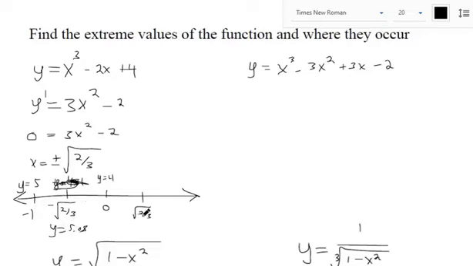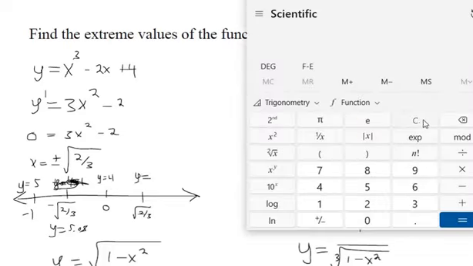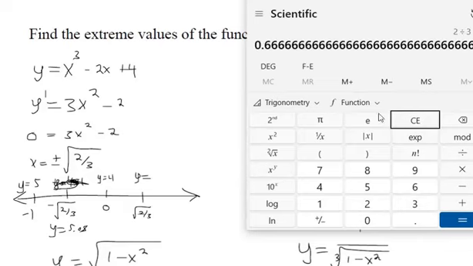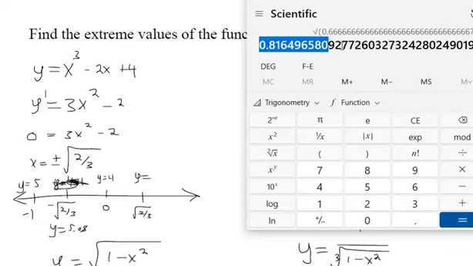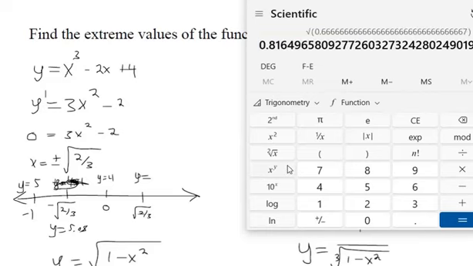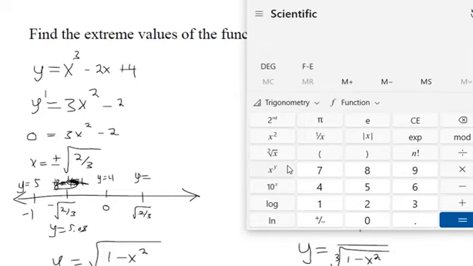So we got to do the same thing for this one to see if it's really a critical point. I think we just spotted it on the graph, but what's the y value when we plug in square root of 2/3? I'm going to plug that in, so we want to raise that to the third power. So 0.54433. Let's see if I can remember that.